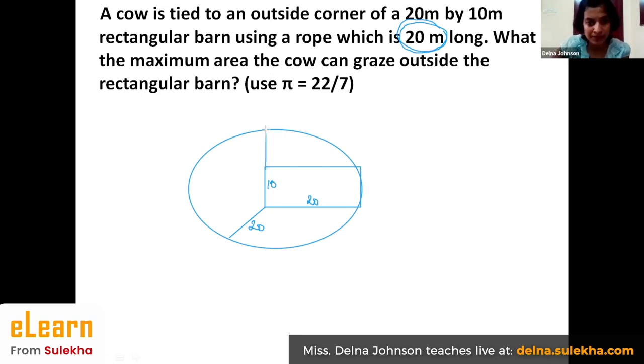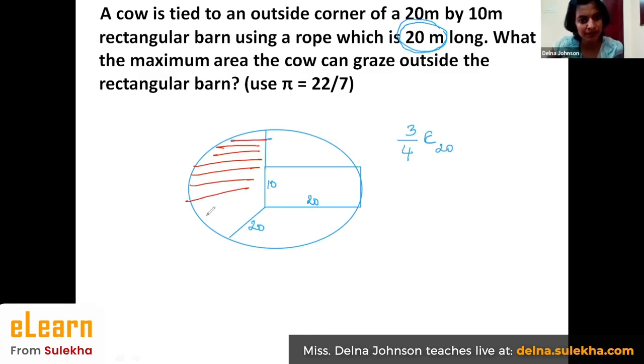When you're taking it like this, you can see this portion is nothing but 3/4 of the circle, where the circle is of radius 20. This part, I'll change color.